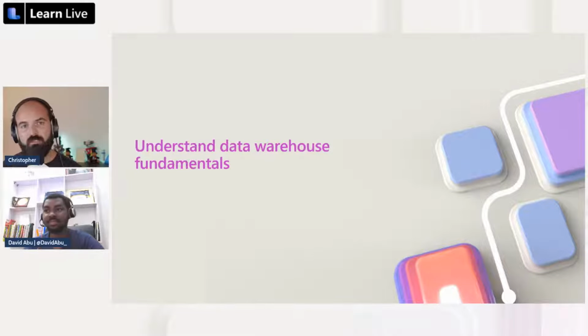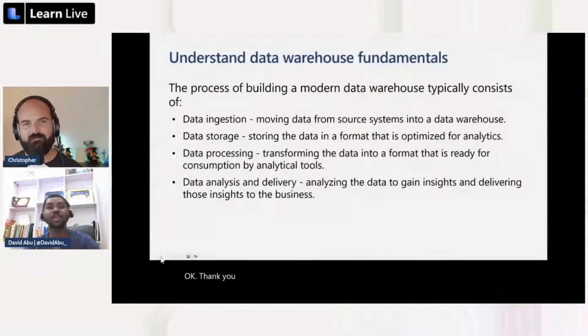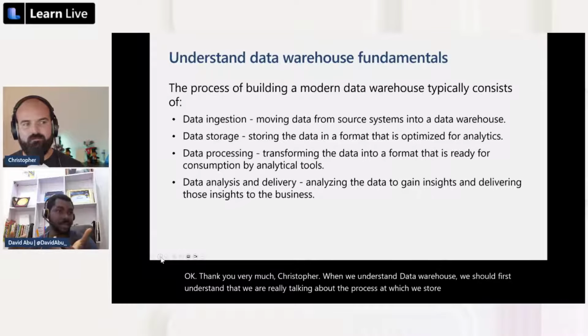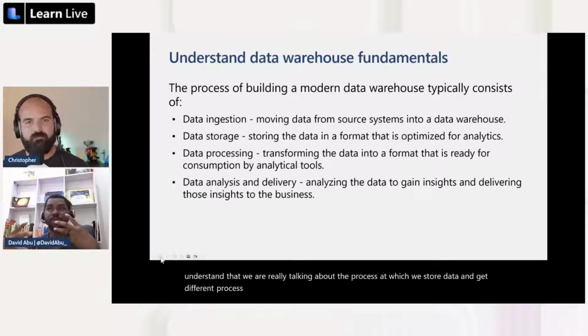What are the fundamental things we need to know about data warehouse? Okay, thank you very much, Christopher. When we understand data warehouse, we should first understand that we are really talking about the process by which we store data. And there are different processes when we are building it.